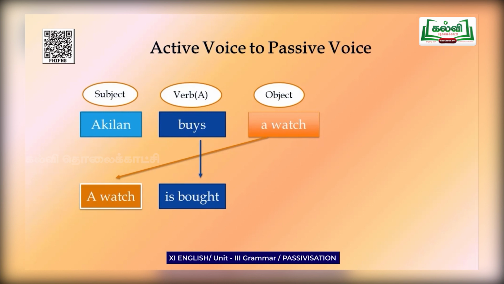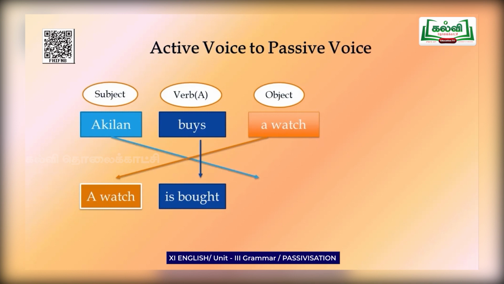Be verb should concord with the subject and represent the tense in the passive voice. So, is followed by a watch and represents simple present tense. Following is, buys is turned as bought to represent the subject of the sentence does not perform the action, but it is affected by the action.